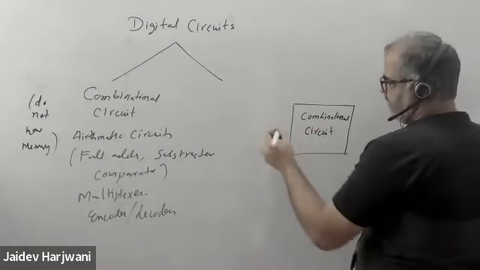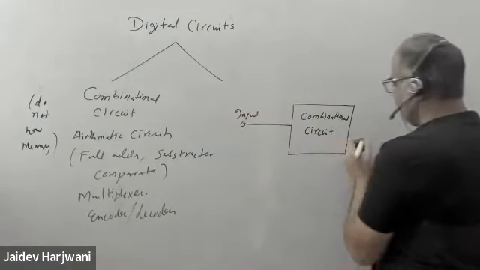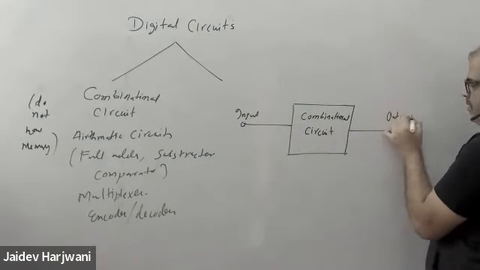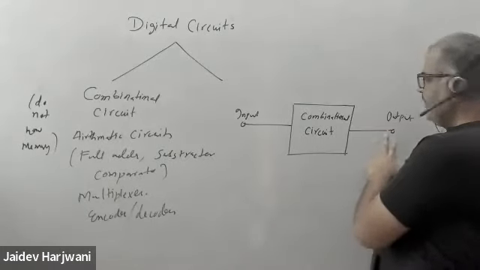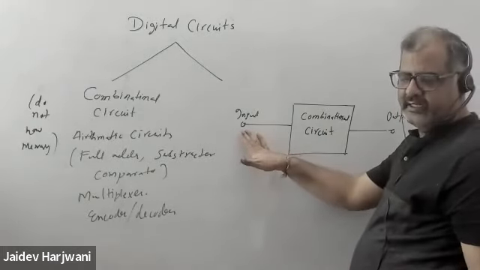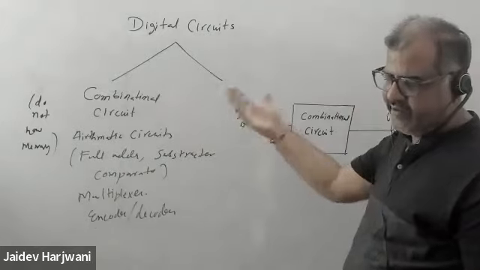You're applying input and you're getting output. So your output basically depends on the input. जो भी आप input दोगे, accordingly these kinds of circuits will give you output. Like the full adder.